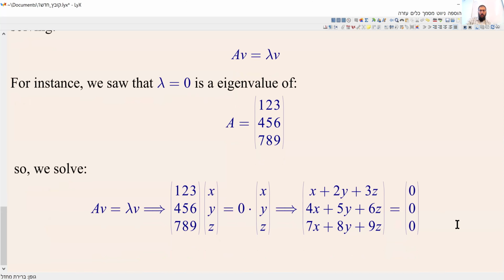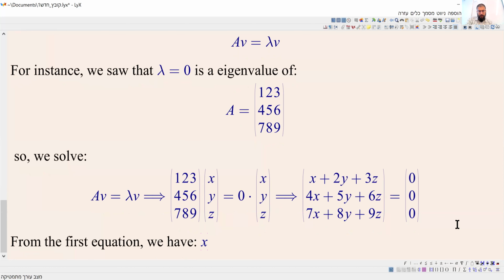So let's say from the first equation, we have x as minus 2y minus 3z.